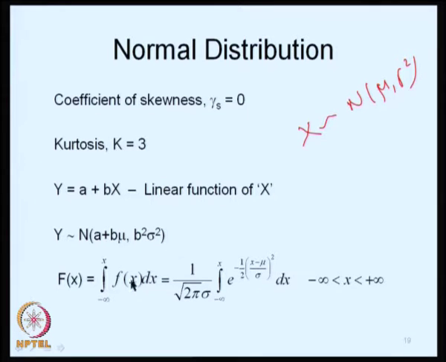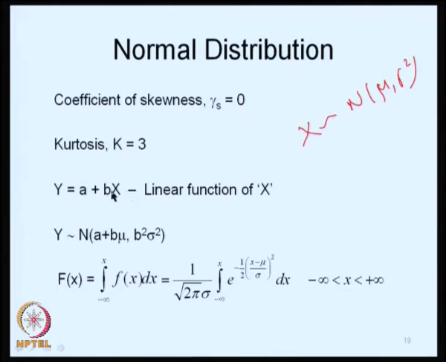Because this integration is not easily possible, we adopt numerical integration, and if you have to do it for every given mu and sigma, then it becomes cumbersome. So, we use this important result: if we define a linear function on random variable x, then we know that y also follows a normal distribution with parameters specified like this.